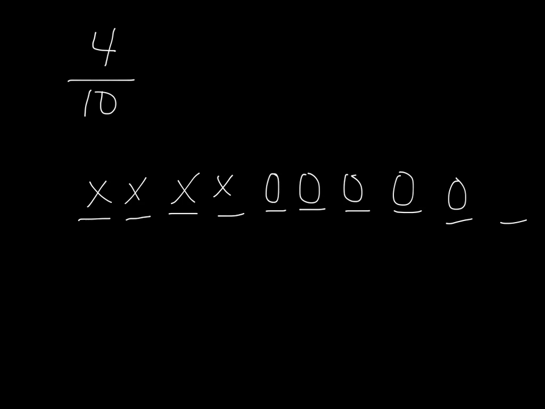When we're talking about odds, we're literally just comparing the number that are favorable to the number that are not favorable. So how many are favorable? 4. How many are not favorable? 6. And you're going to start to realize that in these two-outcome situations, it's just going to be the top number and the difference. Good. So let's go.